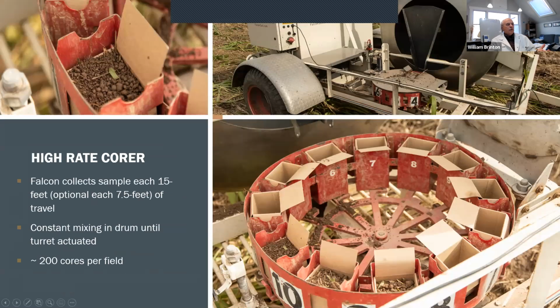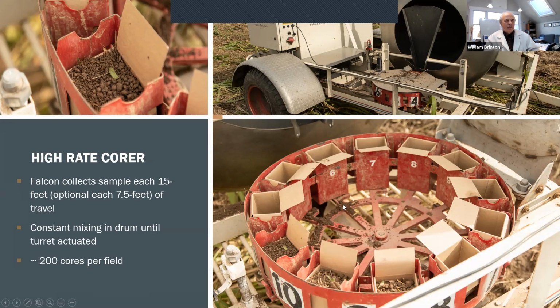So here's what the Falcon looks like for those of you who haven't seen it. On the top of the picture is the big rotating drum that's spinning constantly as it drives the probes into the soil, and this soil falls in here, and then it's going up into the emptying tray and sliding down into a turret. And here on the bottom is the turret.